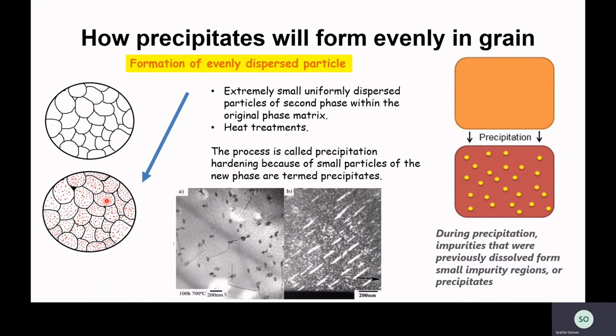The process is called precipitation hardening because small particles of the new phase precipitate, as we can see in the cartoon here and in the actual picture of precipitates in metal.